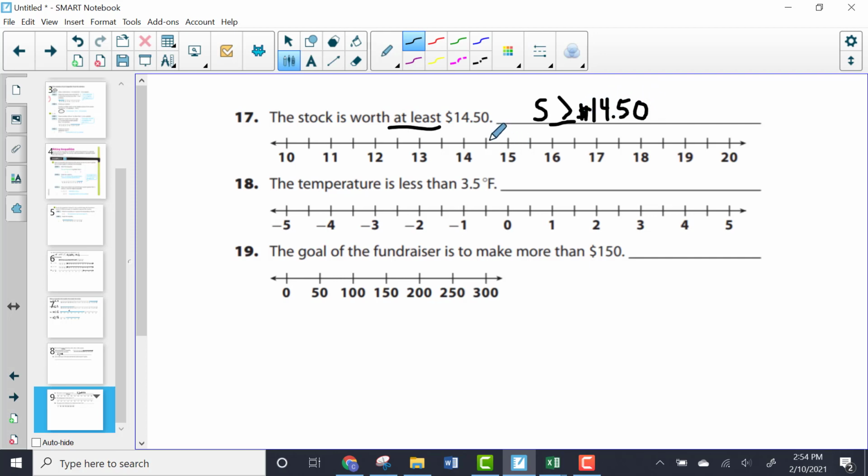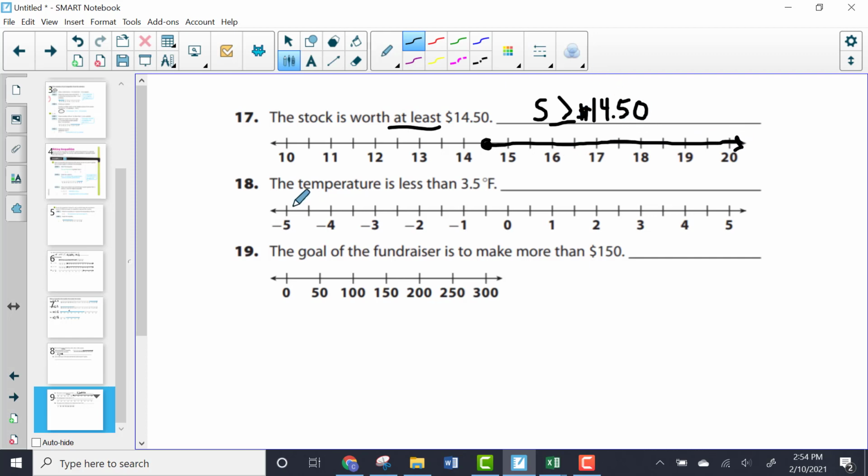In other words, we go to 14.50, we color that in because it's greater than or equal to, and then we shade in to the right. So it's worth at least 14.50, and could be worth more.